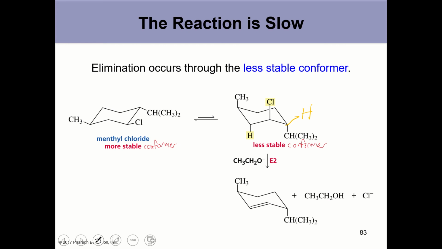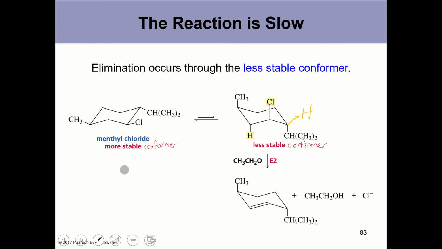Now, when will the reaction be slow? The reaction is slow if elimination occurs through the less stable conformer. So here our example is that the more stable conformer has, again, our large methyl and isopropyl groups in the equatorial position. But note that the chloride is also equatorial.